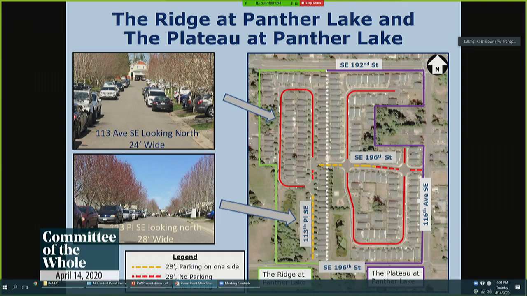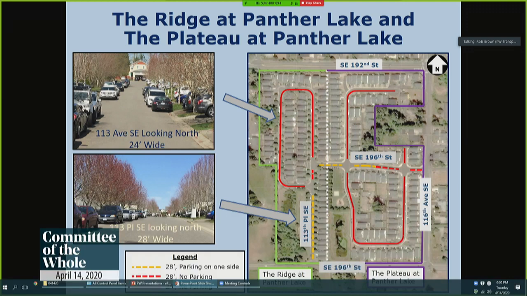Again, as I mentioned, the homeowners association for both neighborhoods approached us at the same time with concerns about emergency vehicle access. I do want to point out the picture in the upper left, that's 113th Avenue Southeast, looking north. The street is 24 feet wide, with parking on both sides of the street.